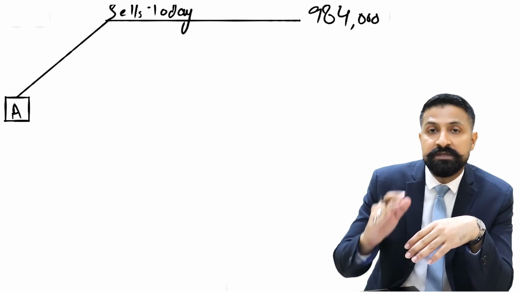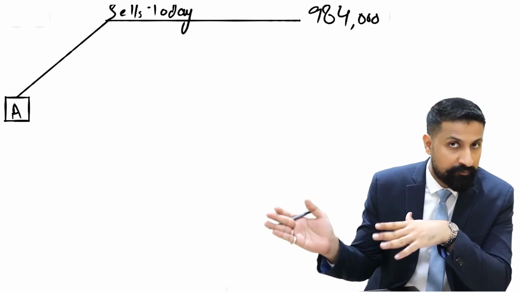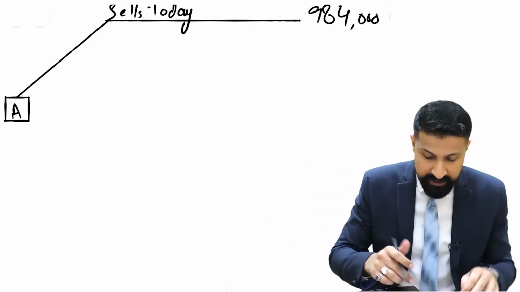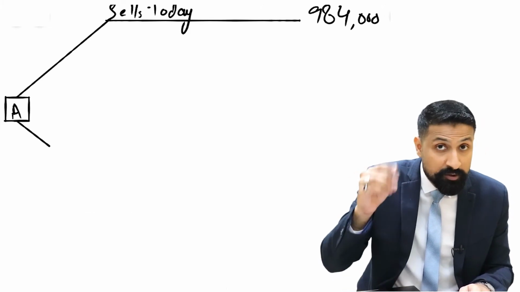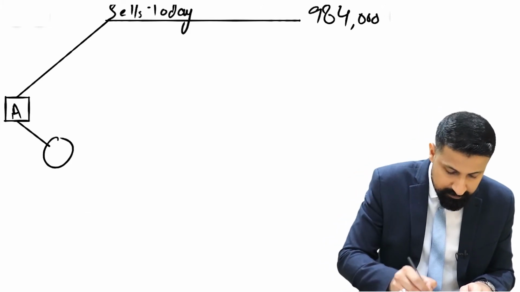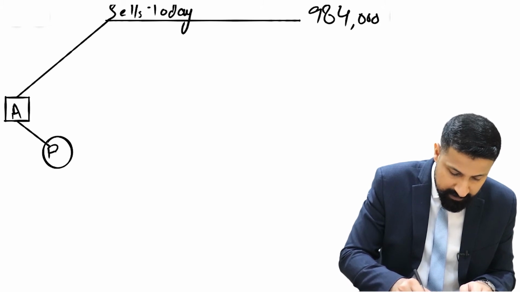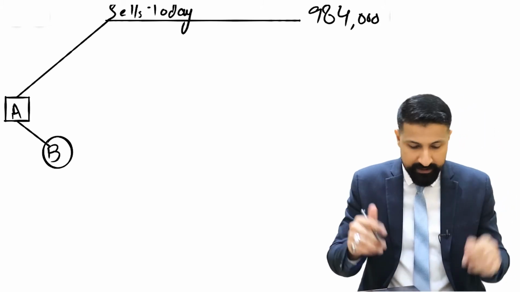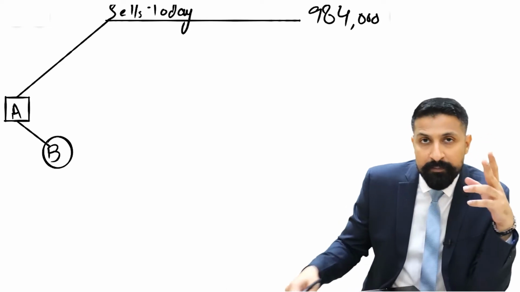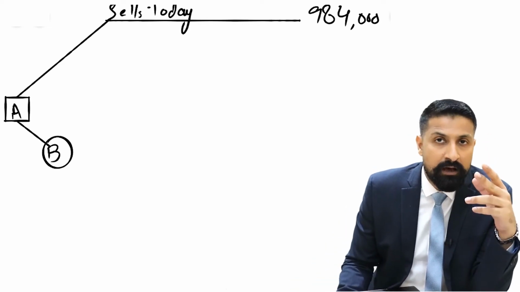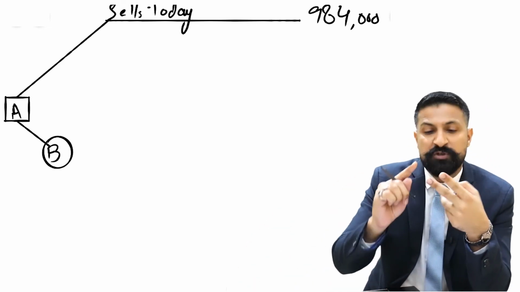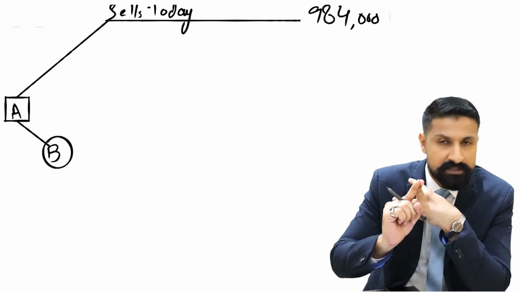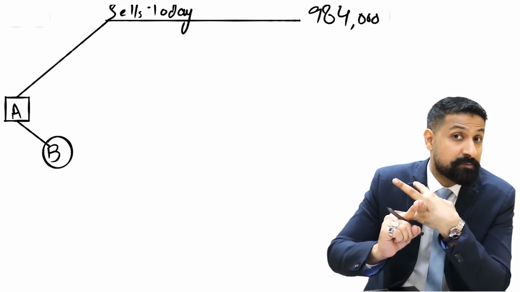What if he keeps his property with him for the future? The first thing is we have to draw our chance node. What are the chances? The chance node is denoted by a circle, and let's give it the name B. If you remember, if he sells his villa next year, there were three chances: 70% chance that prices will go up, 20% chance that prices will remain stable, and 10% chance that prices will go down.